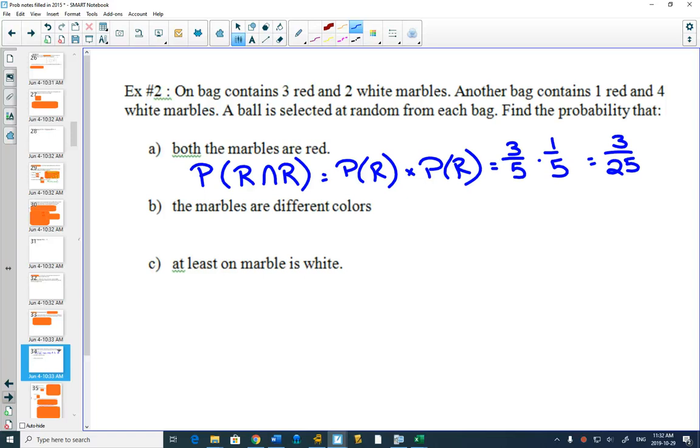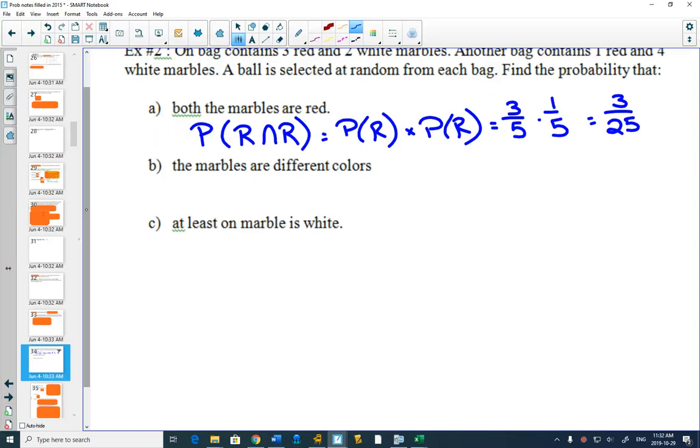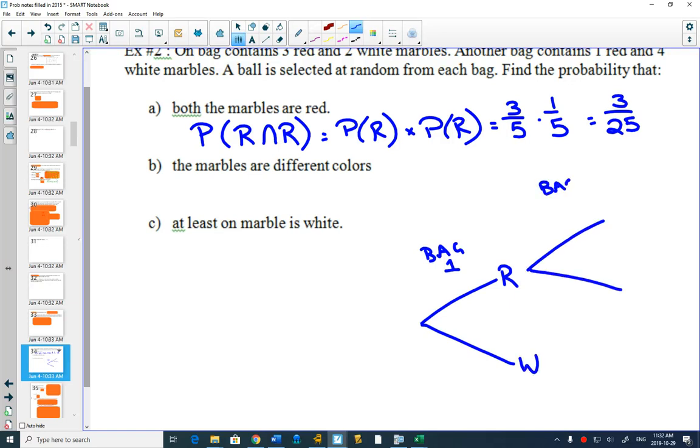We're drawing a marble out of bag 1, and then we're drawing a marble out of bag 2. So if we wanted to draw this situation out, here's our bag 1. You could get red or white. And then you go to bag 2. After drawing out the red one, you could get another red or a white one. After drawing out the white one, you could get a red one or another white one.